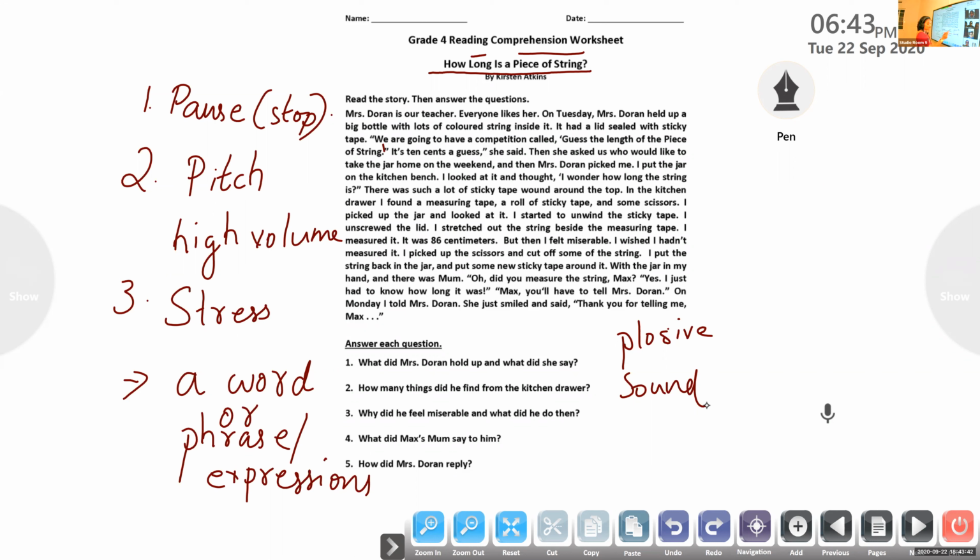Particularly the plosive sounds. This lesson is for everyone. P, k, ch. These are the sounds we need to give more stress. All right, more power. Further, the O sound, okay? It should not be O, home, so, no, like that. It's a diphthong.